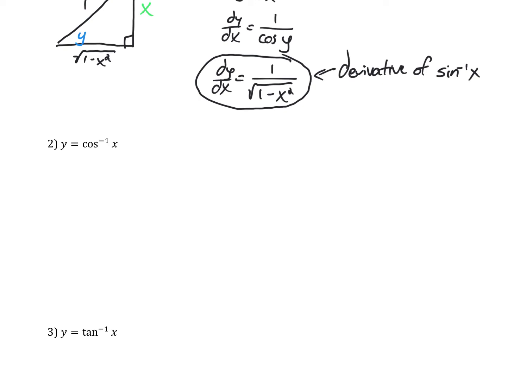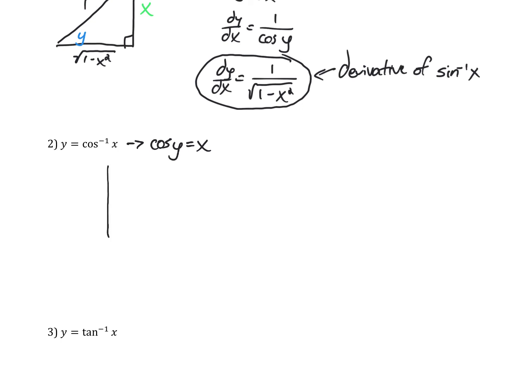All right, so if you tried it, you can follow along, see if you got what I got. If you didn't, you just want to follow me, that's okay too. So inverse cosine of x, let's rethink of that like we did above, as cosine of y being equal to x. And if you think of that, cosine of y being equal to x, let's think of y as an angle.